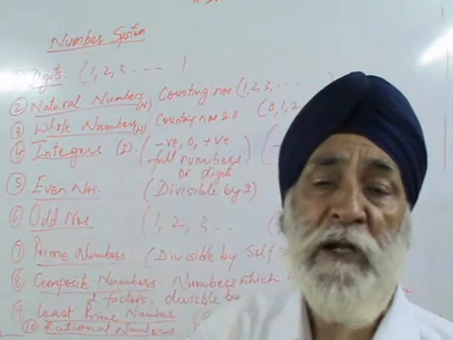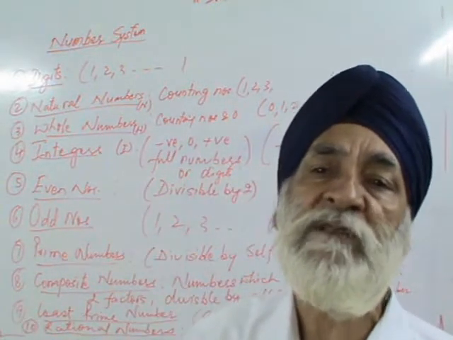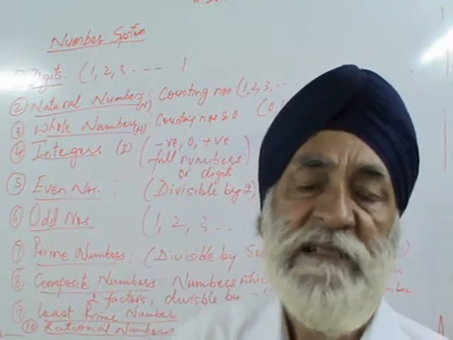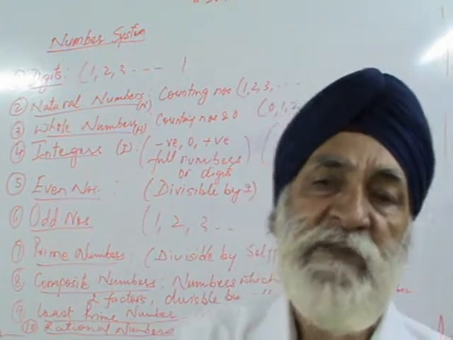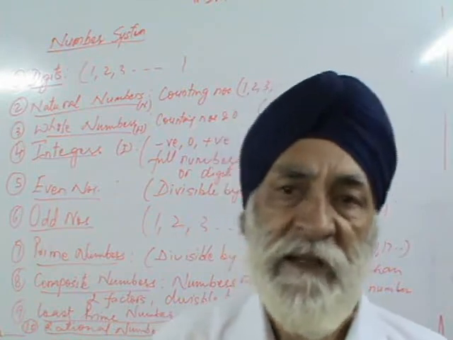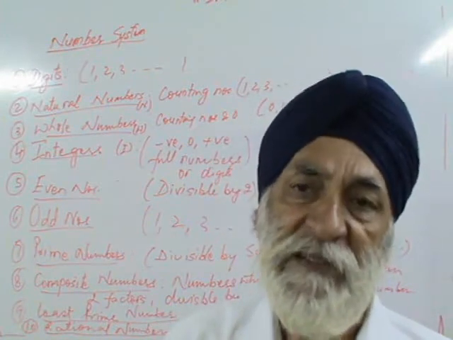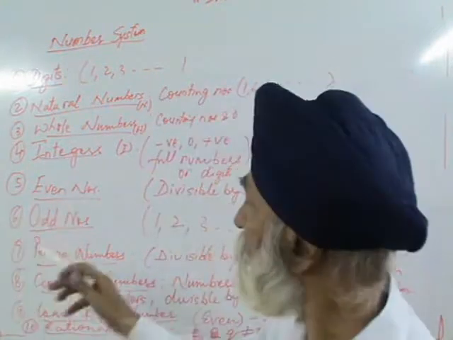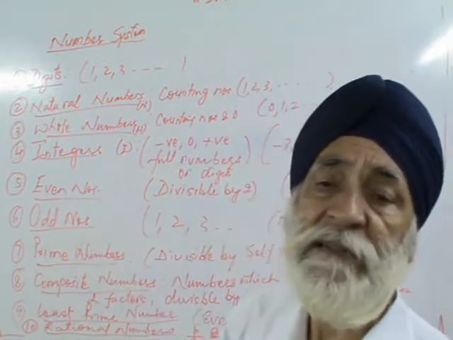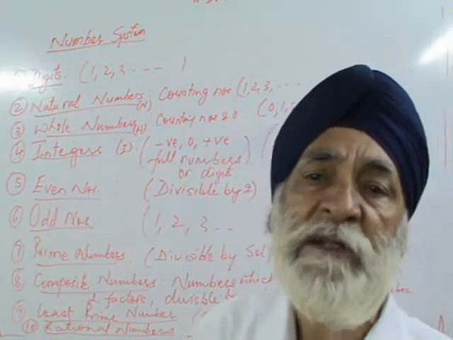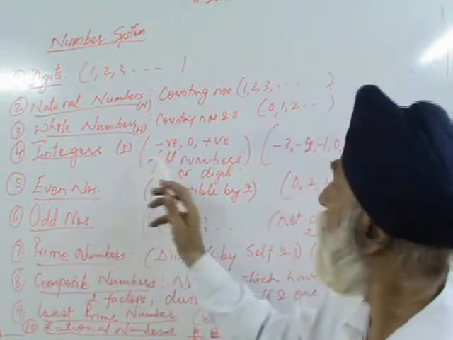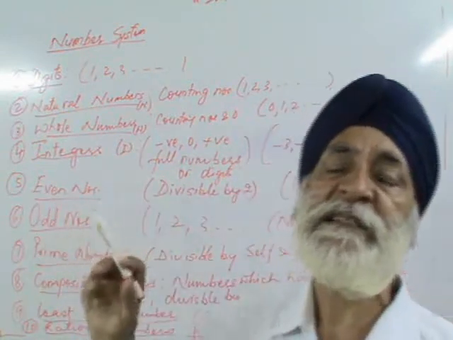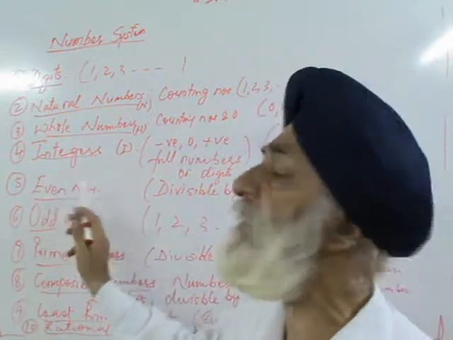So a full counting number like 2, 3, which specifies something or the measurement of some quantity, is an integer. Even numbers: the numbers which are divisible or which can be divided by 2 are called even numbers.